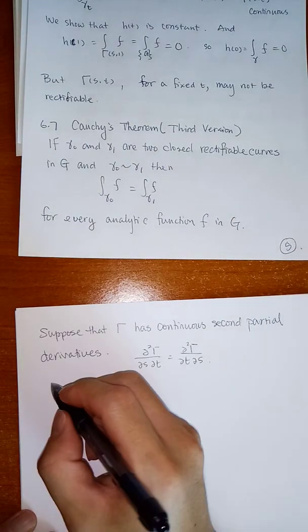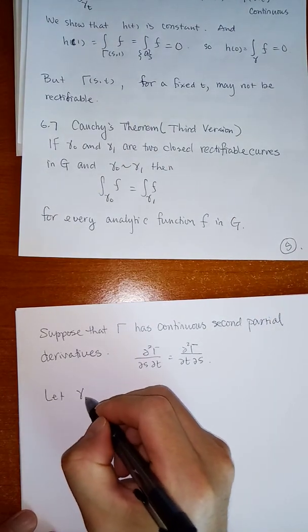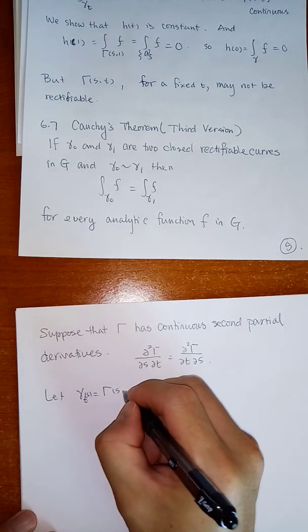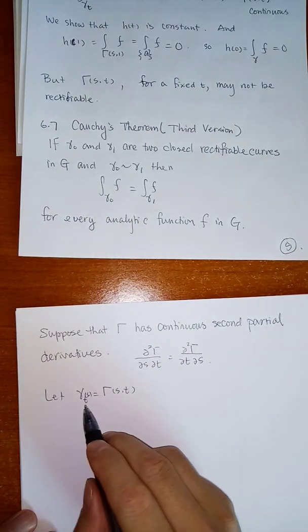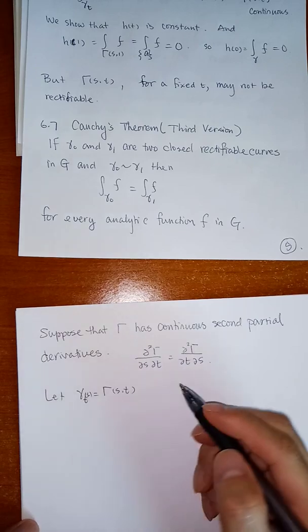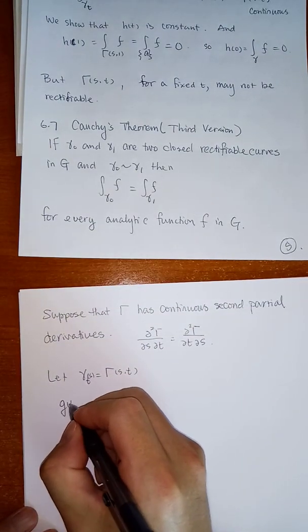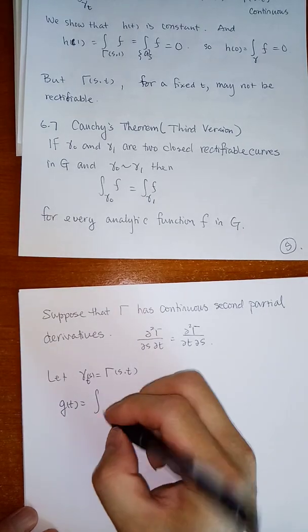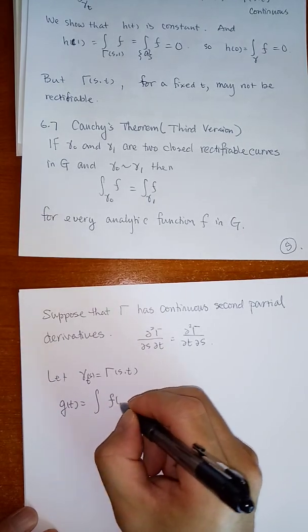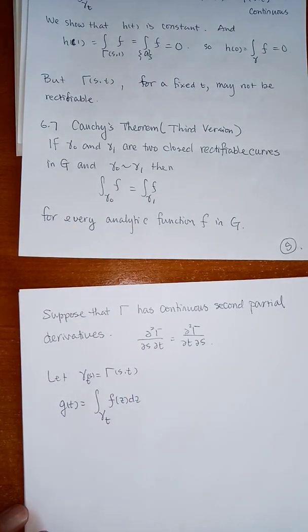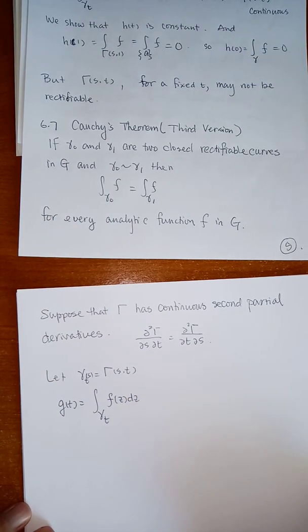We let gamma t s be gamma st. So the middle step, gamma ts is gamma st, capital gamma st. Then we define this g of t as the integral of f z dz along gamma t. The same thing as before; that part we used h, here we use g.